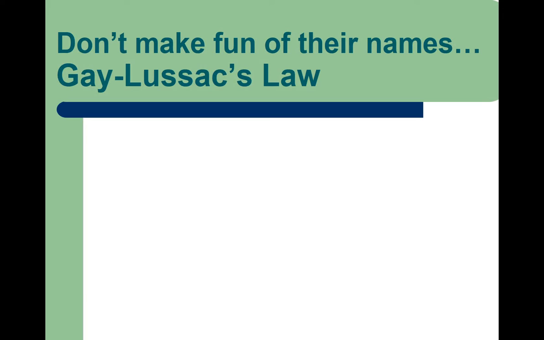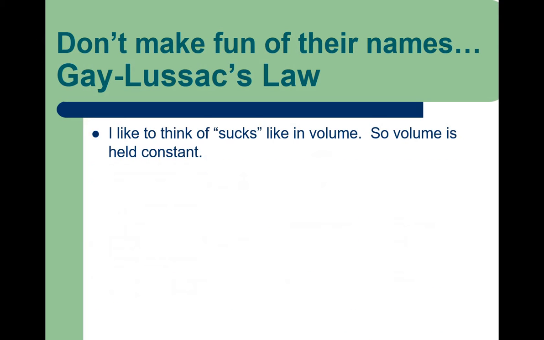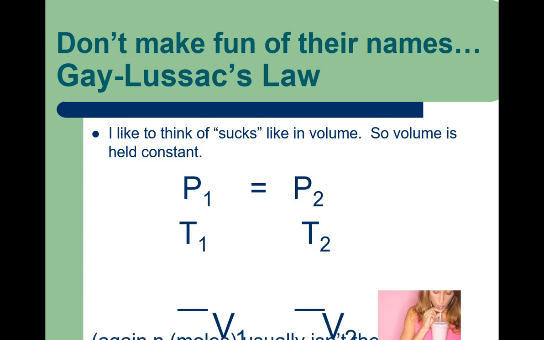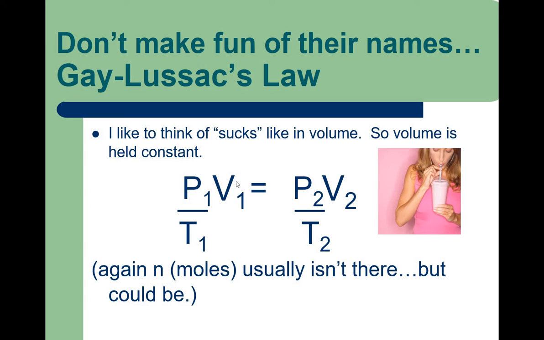Okay, so this is another law, and it's called Gay-Lussac's, but I think of it as Gay-Lussac's, and let me tell you why. Okay, SUGS has to do with volume. So in our law here, volume would be held constant, and it drops out. Okay, these were just the guys' names.